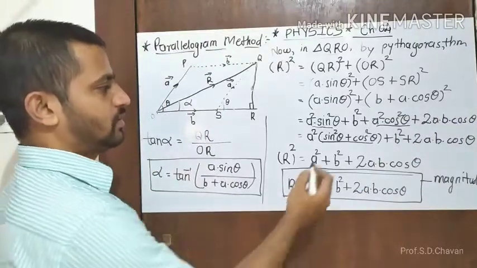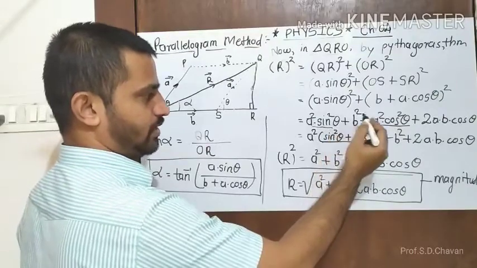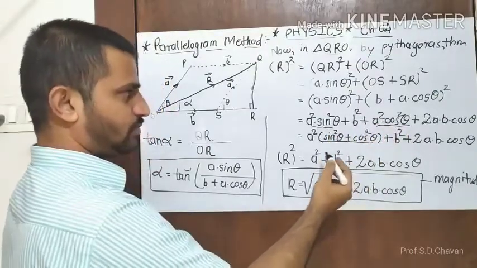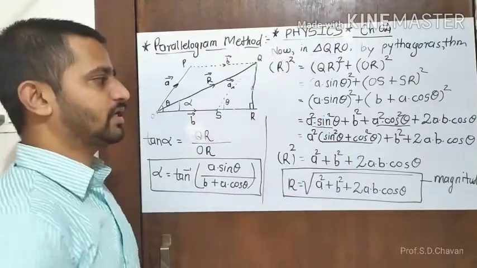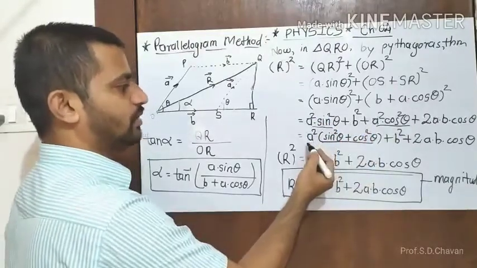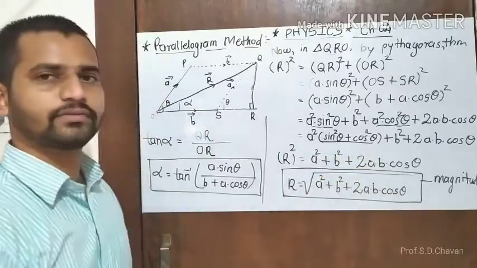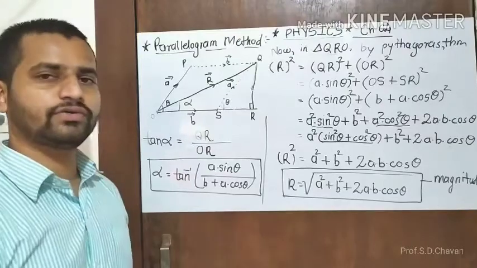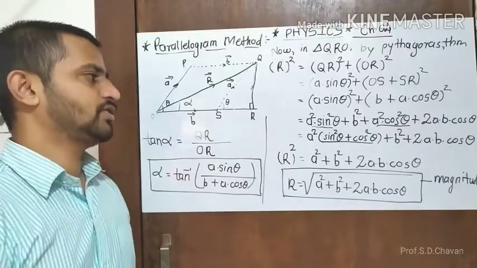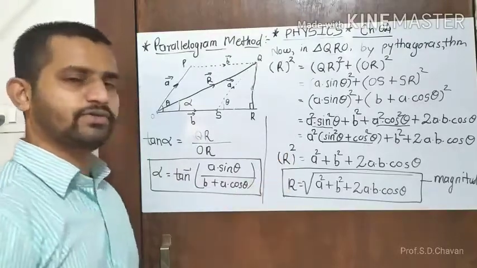Then we get two terms having one common term. Put that term outside the bracket, and we get sin square theta plus cos square theta as a single term, and we know that sin square theta plus cos square theta is equal to 1.